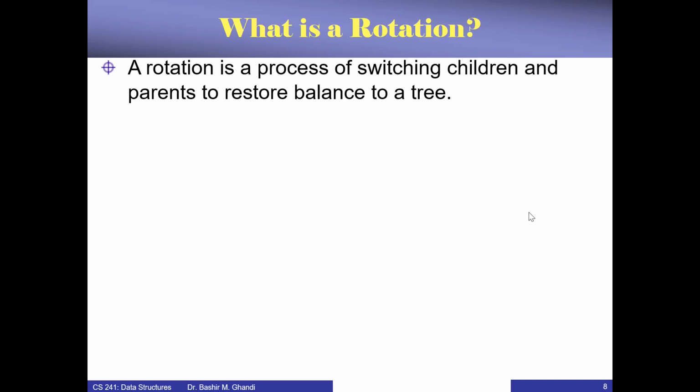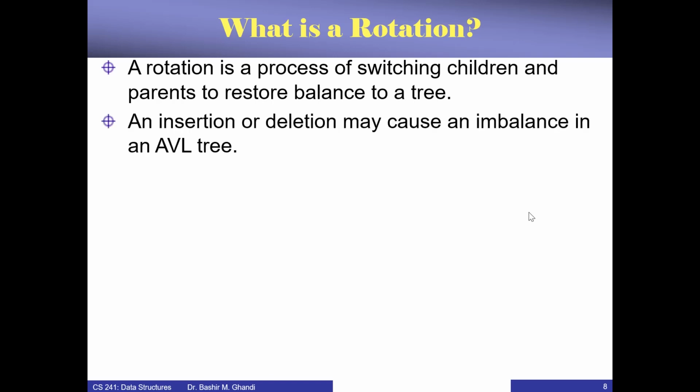What is a rotation? A rotation is a process of switching between children and their parents, to restore the balance of a tree. This is usually as a result of insertion or deletion. The tree will become unbalanced after an insertion or deletion, and therefore you will have to do some kind of rotation to restore the balance of the tree.